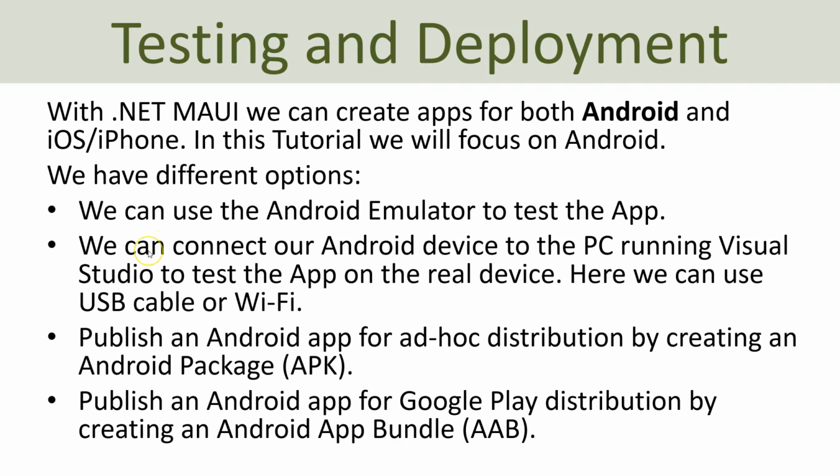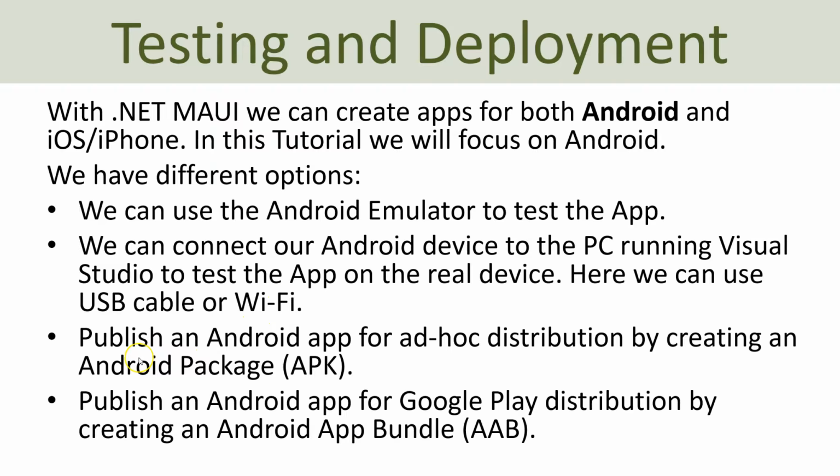Then you can connect your Android device to the PC where you are running Visual Studio and the .NET MAUI app project, and then you can connect the Android device using a USB cable to the computer, or you can also use Wi-Fi.